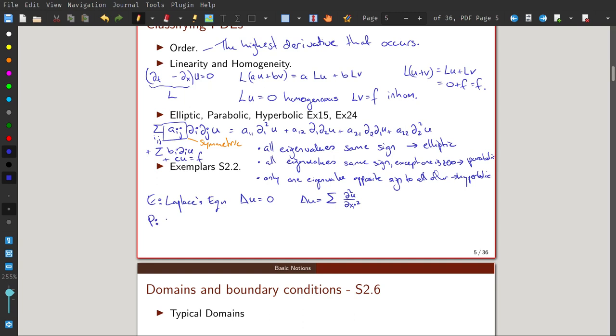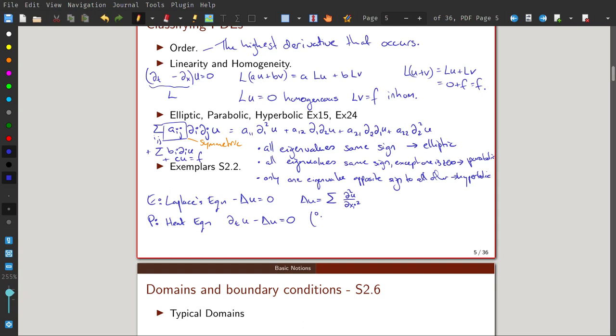For the parabolic example, we study the heat equation. Sometimes we put a minus sign here as well. Obviously, it doesn't matter when it's equal to 0, and it's just a convention, but it makes it fit with the heat equation and the wave equation. So if we think about the heat equation now, if we just look at the second order derivatives, there's no second order derivative with respect to time.